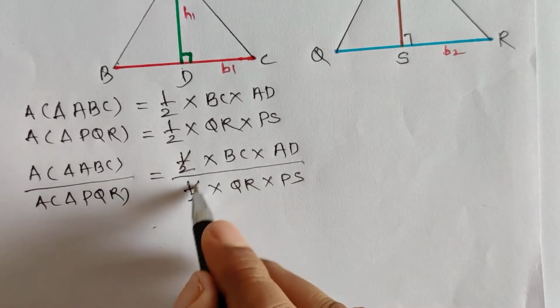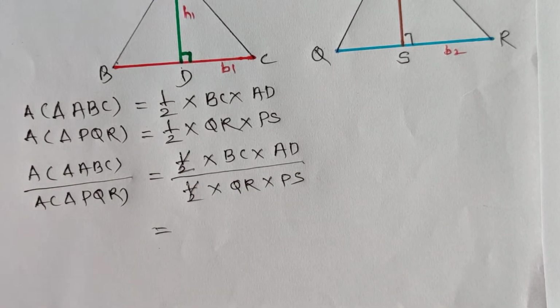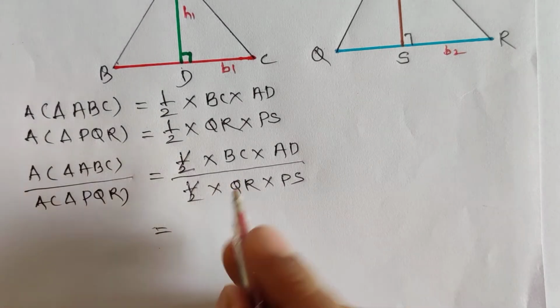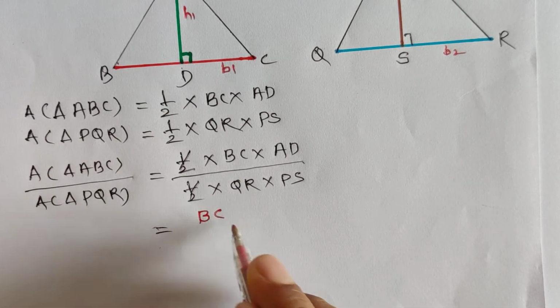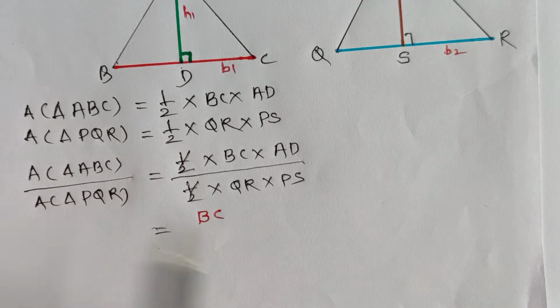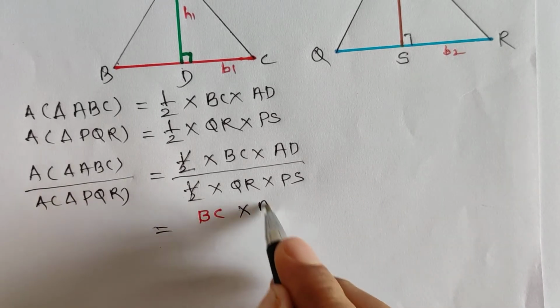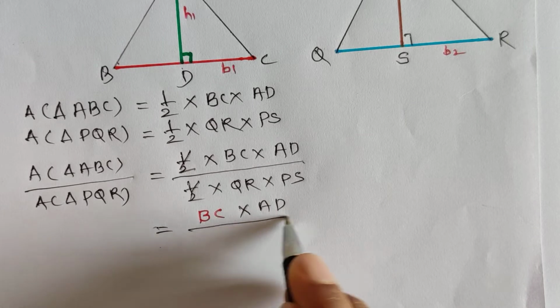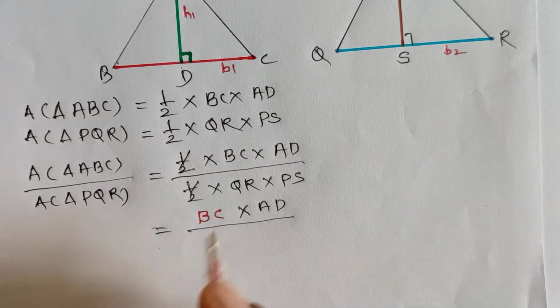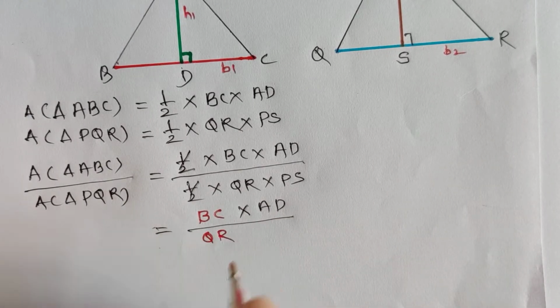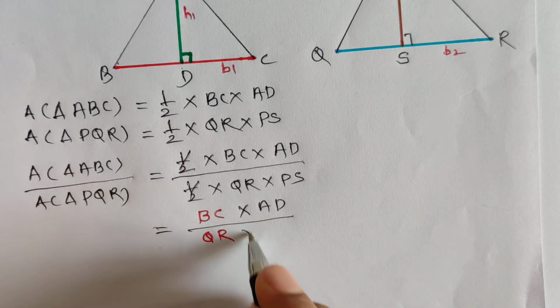So this half gets cancelled and we get our answer as BC into AD divided by QR into PS.